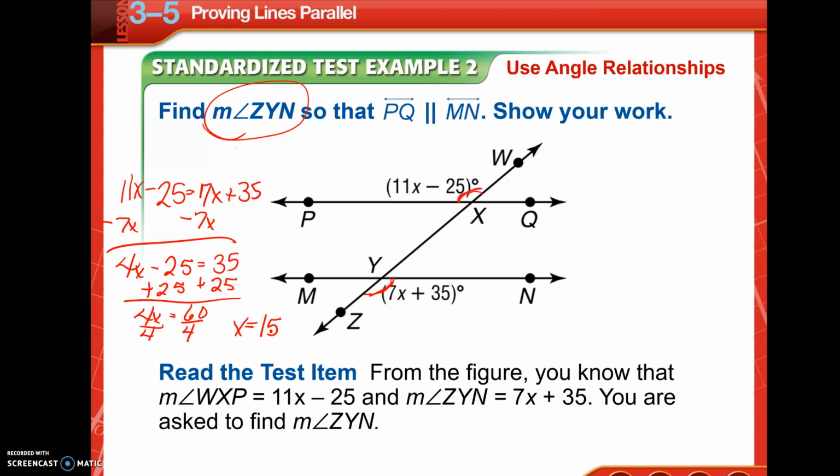So that was what x would have to equal for these to be equal, which would make these parallel. But we want to know what this angle has to equal, ZYN.